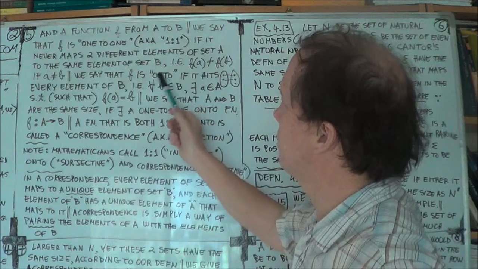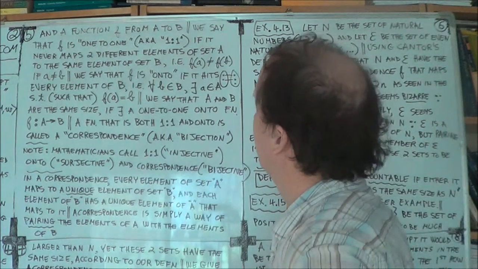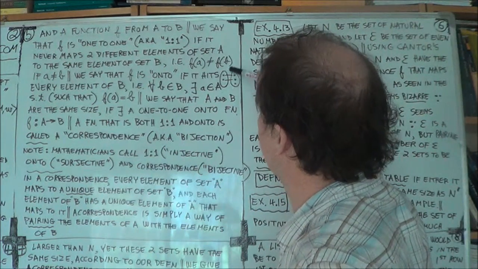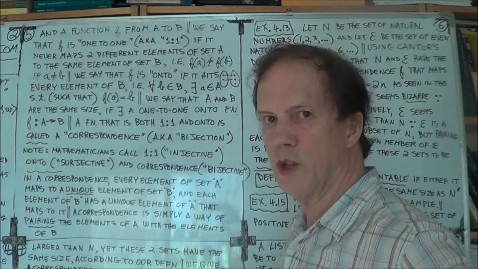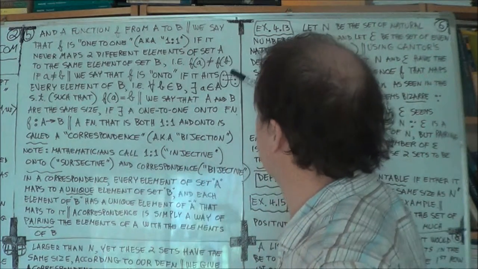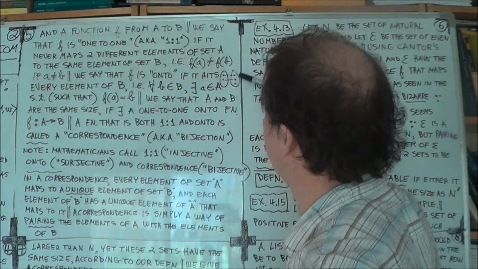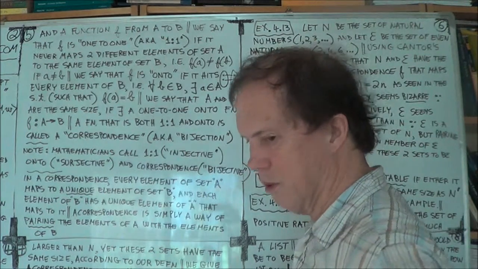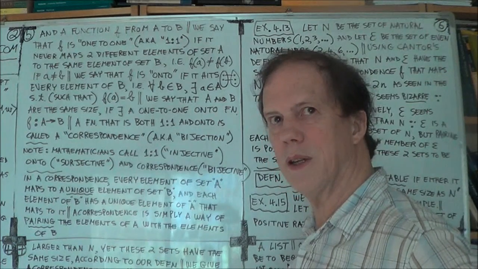Alright, now the concept of onto. So a function or a mapping is onto, what does that mean? Well, that means that every element in your second set, your big B here, is mapped to. In other words, there's like a line. Now, in this case, this mapping here is not onto, because you have this, what's the word?